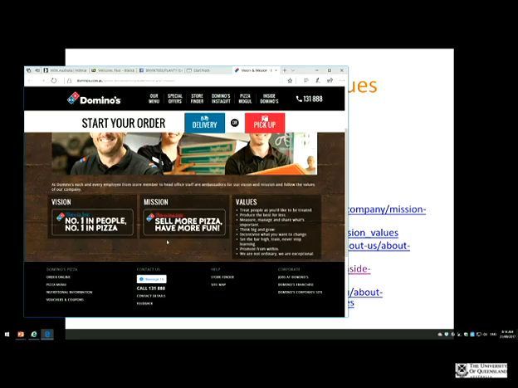Okay, any thoughts on this? What sort of workplace do you think this is, in terms of guiding decision making? What sort of hints do you get from the vision, mission, values here? Any ideas?